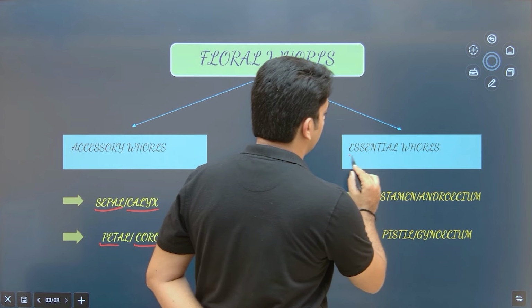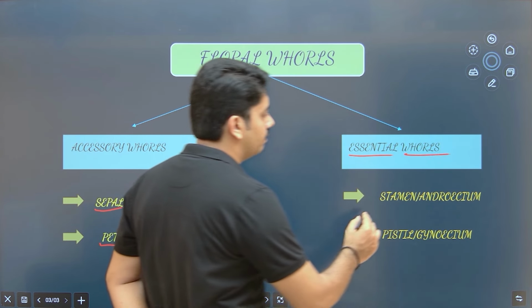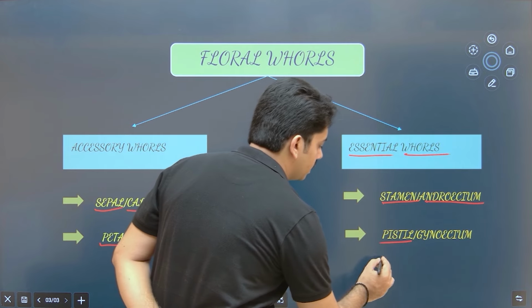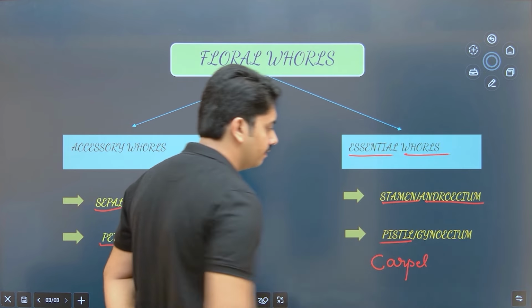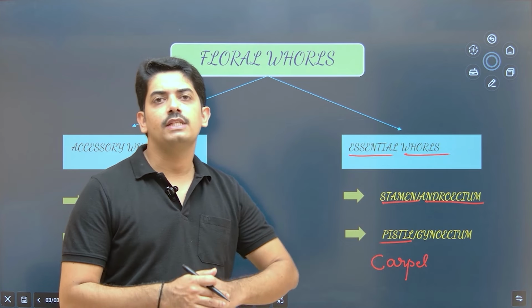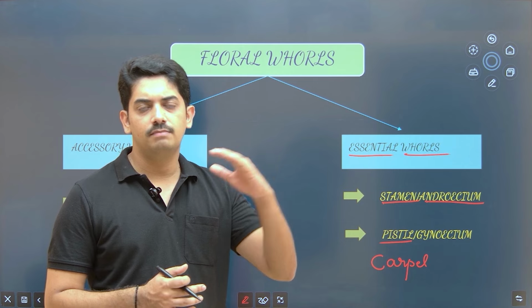Now, essential whorls which mainly are involved in sexual reproduction: stamen is the common name. The male part is also known as androecium in taxonomy. The female reproductive part is pistil. Sometimes we also use the term carpel. Pistil represents only the female reproductive part, that is stigma, style and ovary.